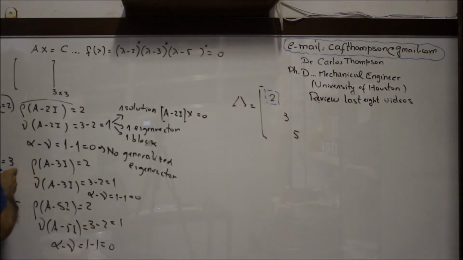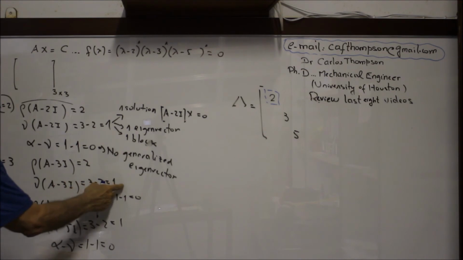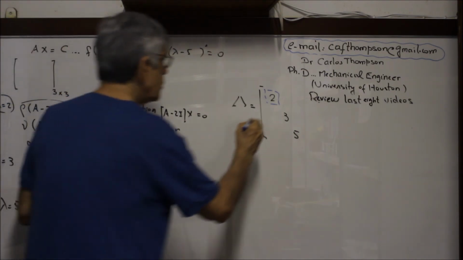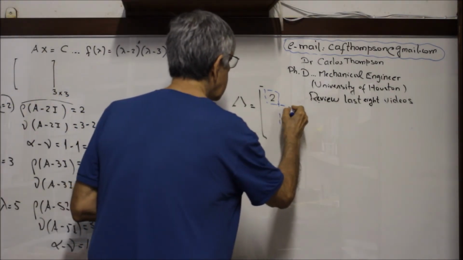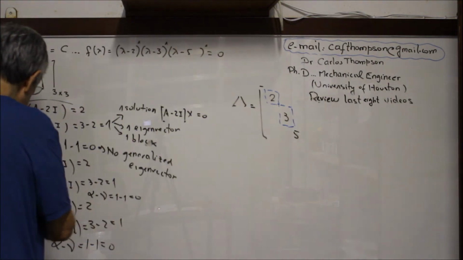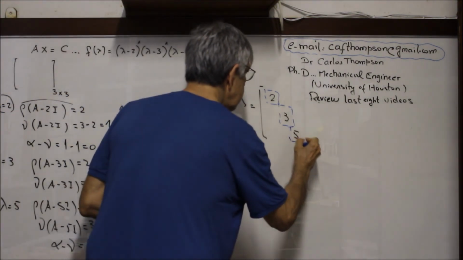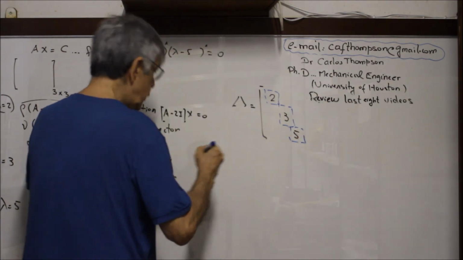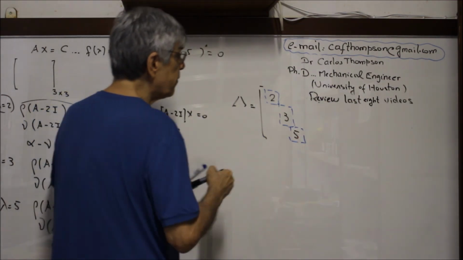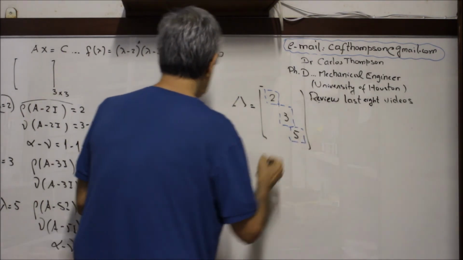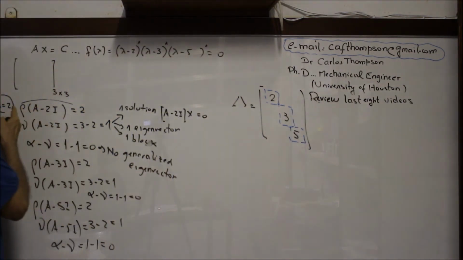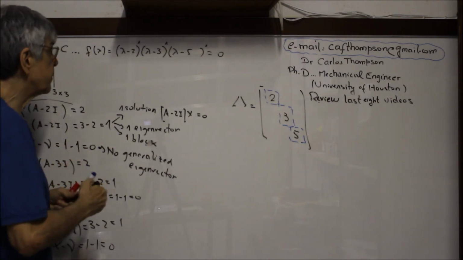For lambda is equal 3, I have one block here, so it's here. And for lambda is equal 5, I have one block. Just one block there. See? You see the number of blocks for each lambda is independent of the other lambda here. So this is my diagonal matrix.